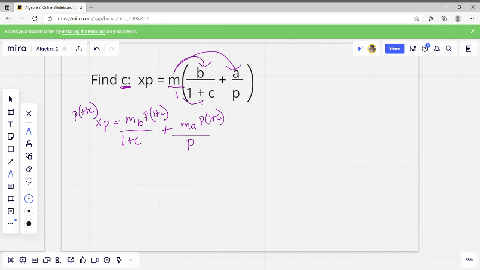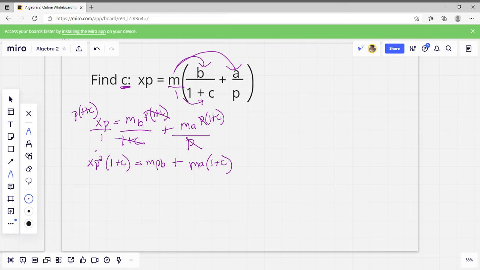Okay, so right here, that's over 1, so we'd end up with xp squared times 1 plus c. Here we've already got the 1 plus c, so we'd end up with m, p, and b. And then right here we've already got the p, so we'd have ma times 1 plus c.